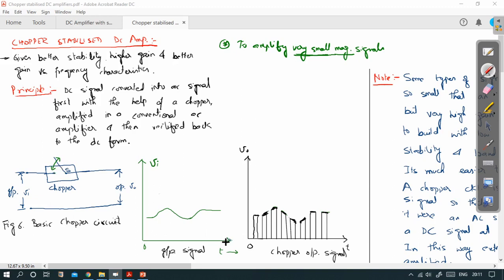So we chop the signal in this fashion, and then this chopped signal should be amplified with the help of an AC amplifier.